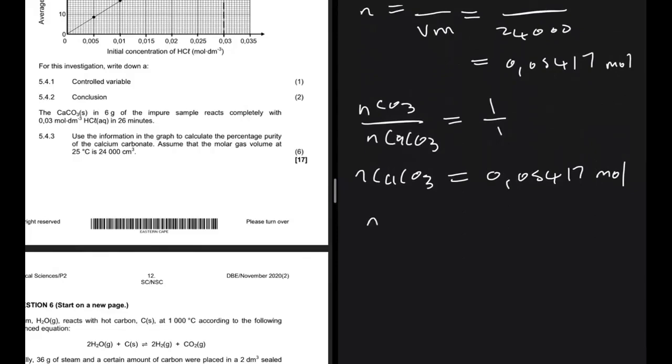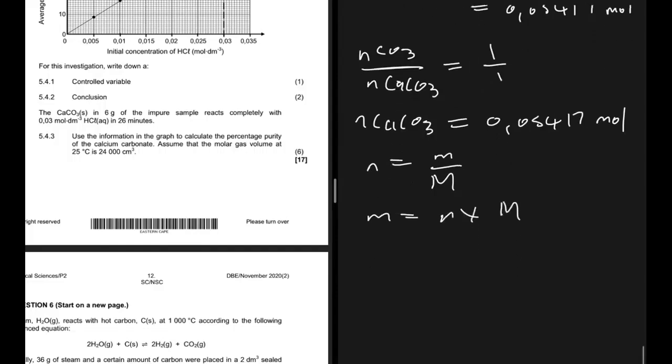So we know that the number of moles is also equal to mass divided by the molar mass, right? And then we want the mass. So the mass will be equal to the number of moles multiplied by the molar mass, which is equal to 0.05417 multiplied by, let me check, the molar mass of CaCO3. That is 100, right?